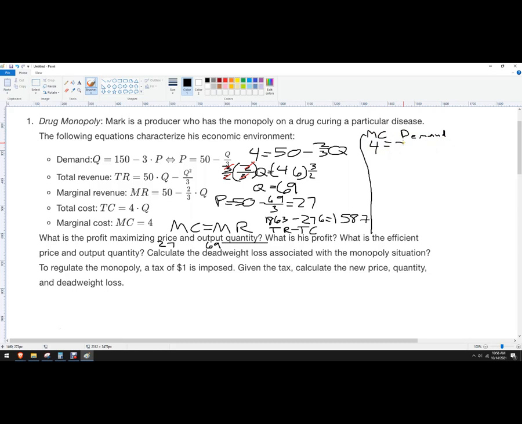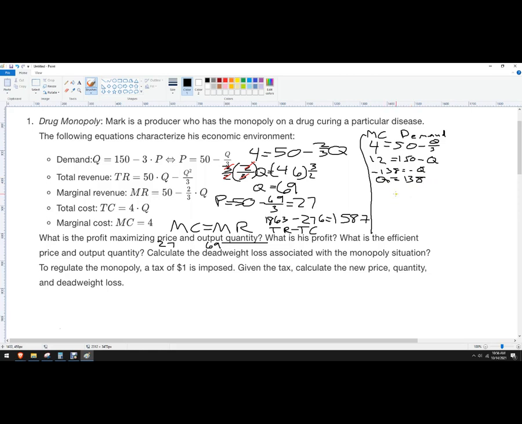I'm going to solve for Q. So 50 minus Q divided by 3. I'm going to multiply everything by 3 so that I get rid of that 3. So 150 minus Q equals 12. Then this is negative 138, and negative Q, so Q equals 138. That's the quantity.